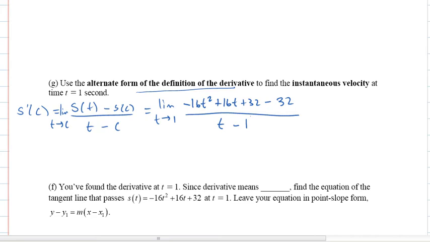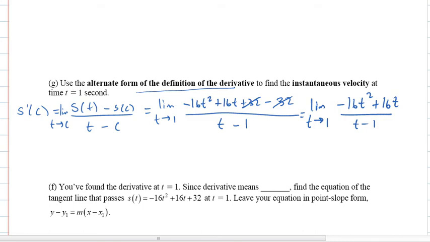So every c became a 1. So those cancel. And then we are left with the limit as t approaches 1 of negative 16t squared plus 16t all over t minus 1.